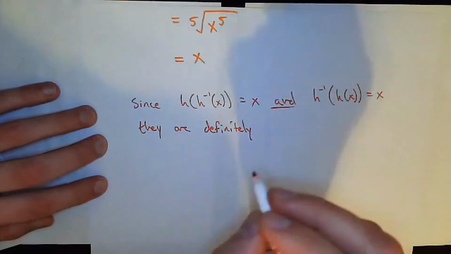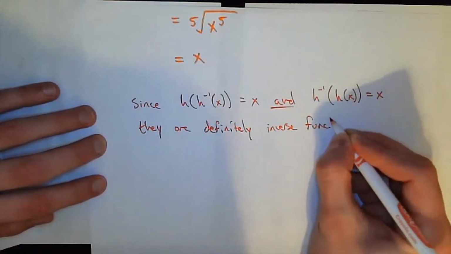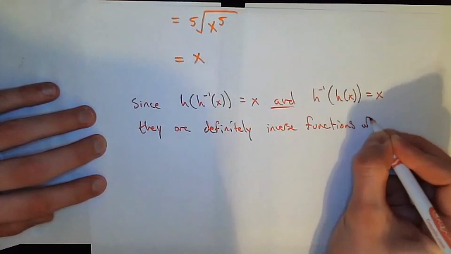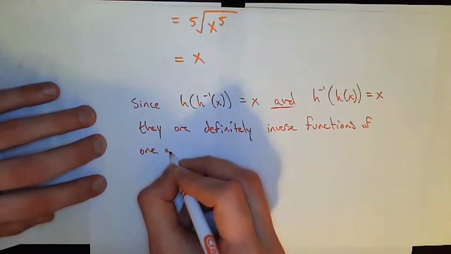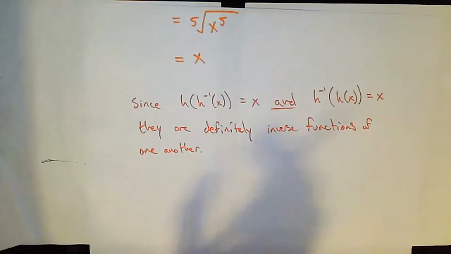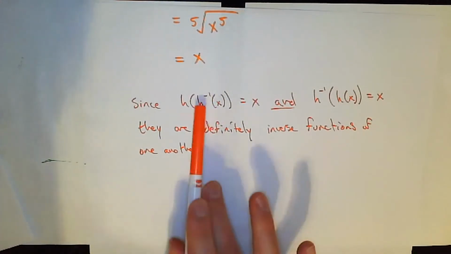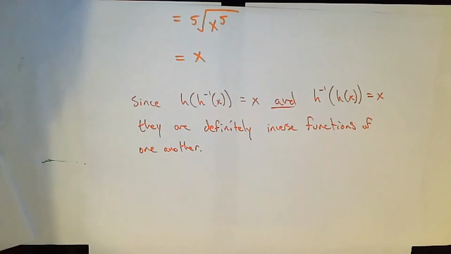So now we are sure they are definitely inverse functions of one another. And when I say of one another, I do mean that they are both inverses of each other. Only one of them is getting that special inverse function notation, but they are in fact inverses of one another.